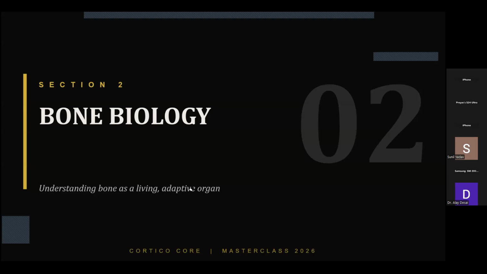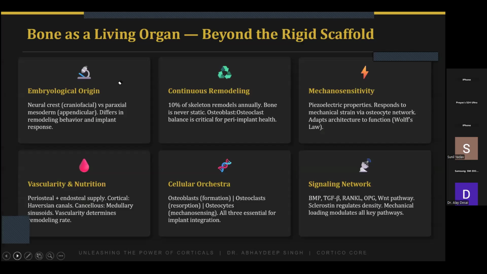Right? So, moving forward, the bone biology. We all know bone is a living organ. Beyond the rigid scaffold, there is vascularity, there is a cellular orchestra, there are signaling networks, there are neuromuscular bundles inside it, there is the Haversian system inside it, and there is osteoblast and osteoclast balance.